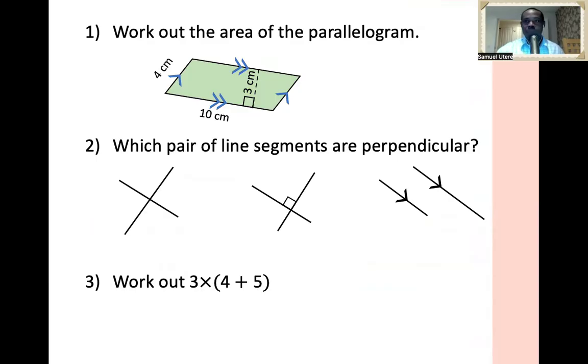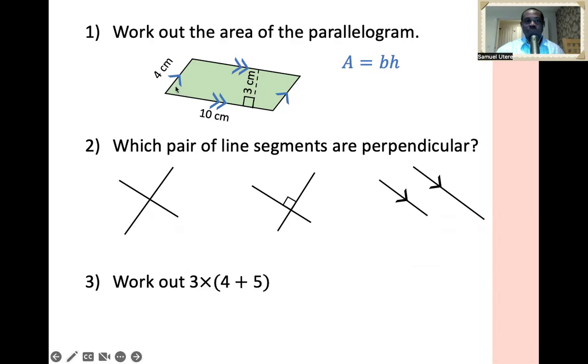All right. Assuming you've paused the video and you've answered the questions, here are the answers. For the first one, you were asked to work out the area of the parallelogram. By now, I'm sure you haven't forgotten the formula we learned: the area of a parallelogram is the base times the perpendicular height to that base.